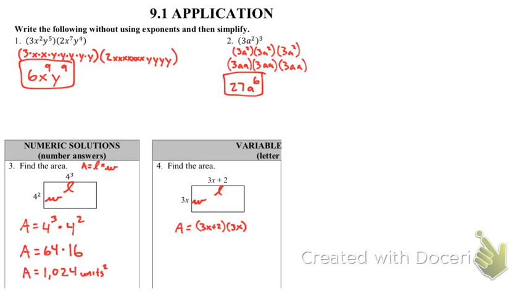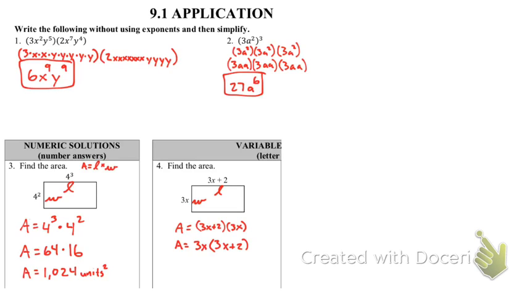If you recall, we take this times this, and then this times this. Most of you might be more comfortable if we switch this order, so that's what I'm going to do. We're going to go 3x first, because for length and width, the order doesn't matter as long as you're multiplying, and then 3x plus 2 second.